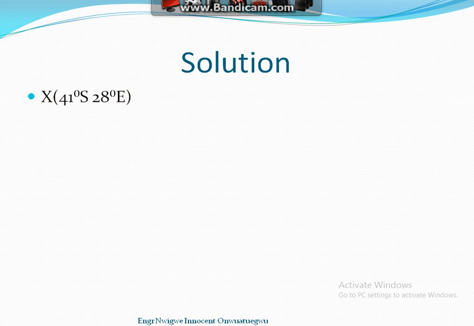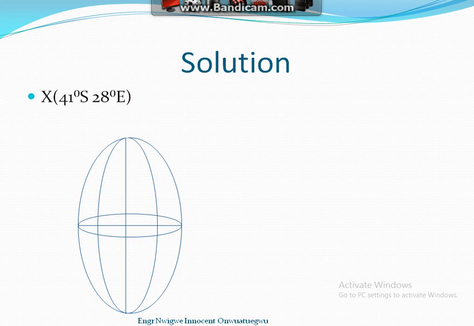Then we draw our longitude along the vertical axis of the circle and our latitude along the horizontal axis of the circle. Then for X, we measure out 41 degrees south from the equator. On the small circle, we locate the 28 degrees east.